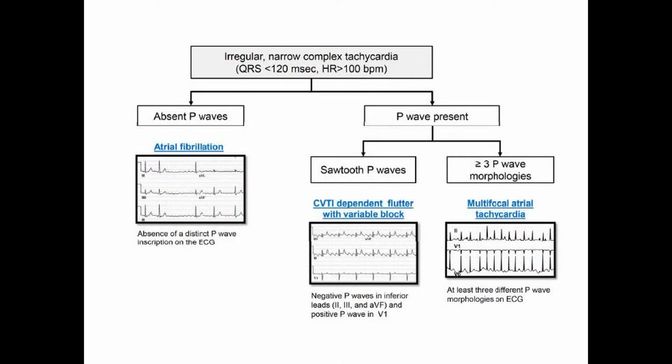In this figure, we split up into the irregular narrow complex tachycardias. When you see the absence of P waves, or the absence of electrical activity, that manifests on the EKG with irregular patterns of QRS, that's what we classify as atrial fibrillation.